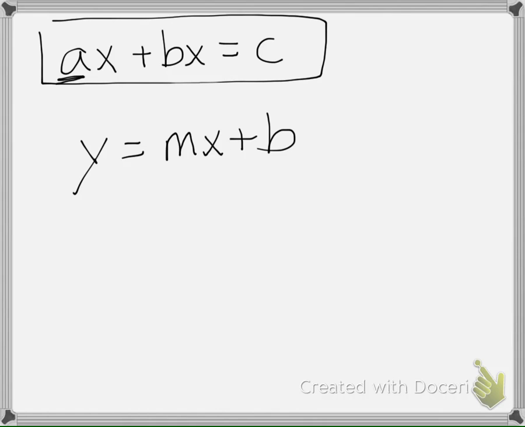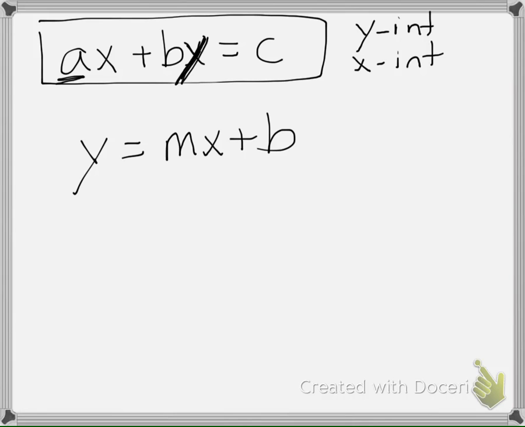If you put it in this way, that's more helpful if we are looking for the x and y intercepts, because if we want to find the x-intercept, that means, oops, I put an x there, that's supposed to be a y. That's my bad. ax plus by equals c.